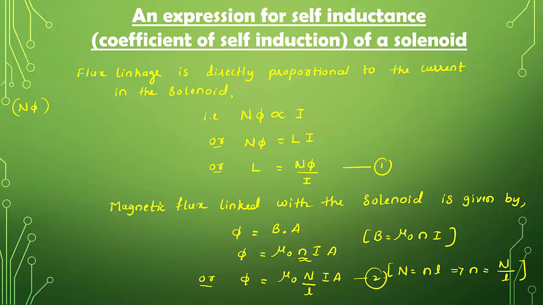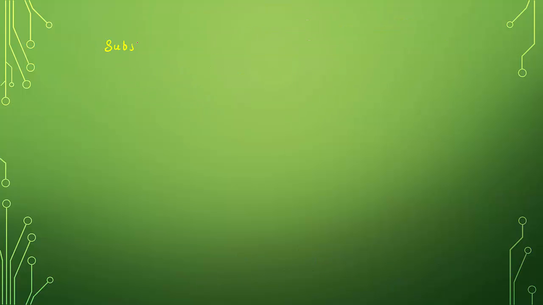The first equation is all about self-inductance, and the second equation is the magnetic flux linked with the solenoid. Now, let us substitute equation 2 in equation number 1.